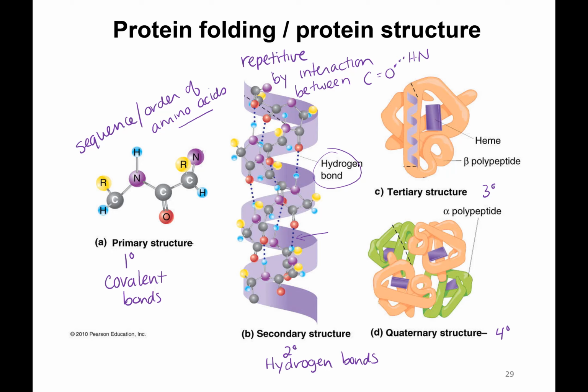You can have secondary structure that's called an alpha helix. That's what's shown right here. Or you can have beta pleated sheets, which are more flat, and I'll show you some examples in just a minute.